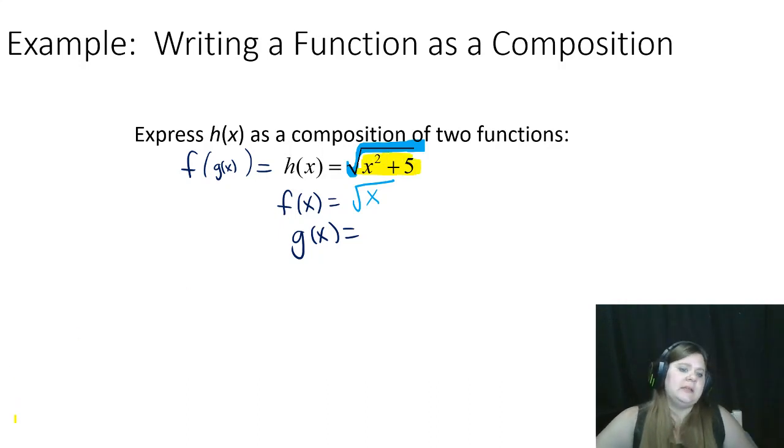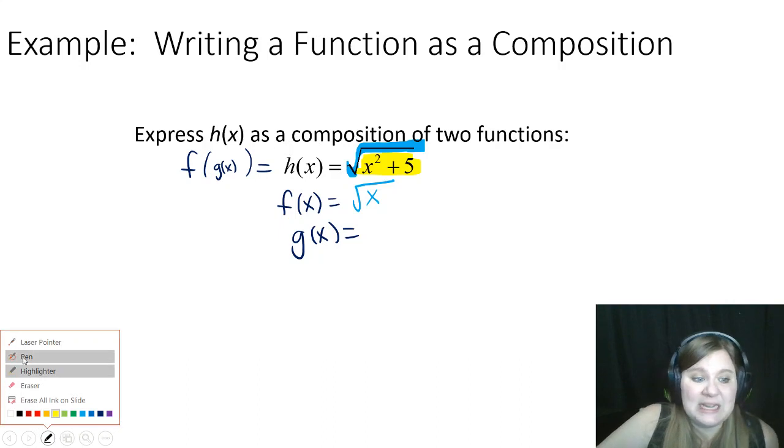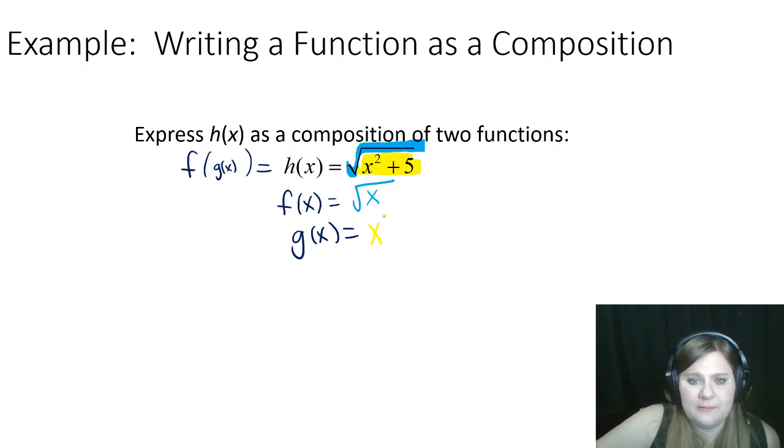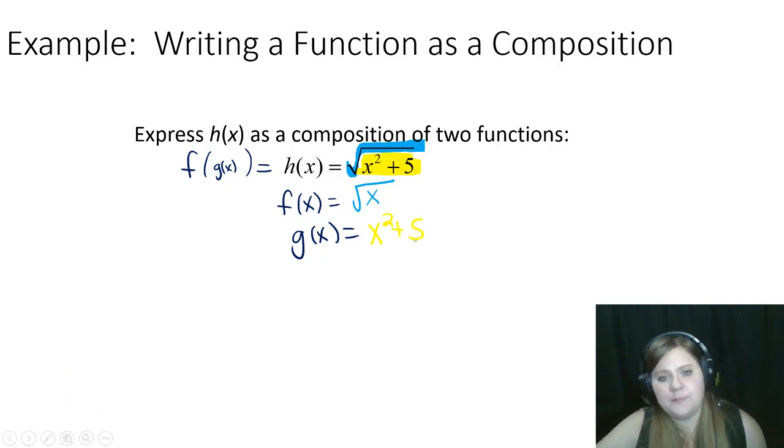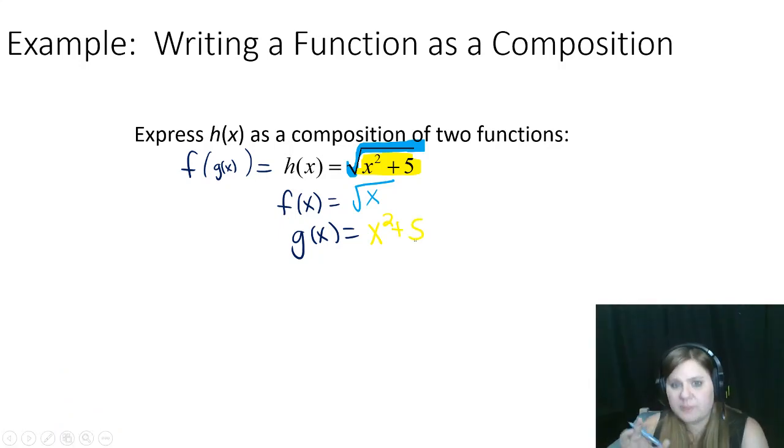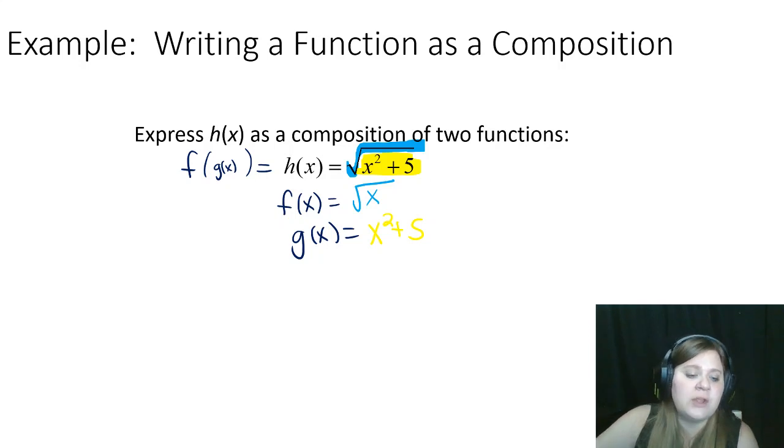So you can see that what's inside the square root is x squared plus 5. So if I were to plug x squared plus 5 into square root of x, hopefully you can see that I would get square root of x squared plus 5.